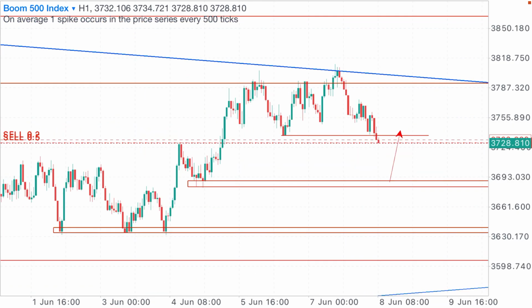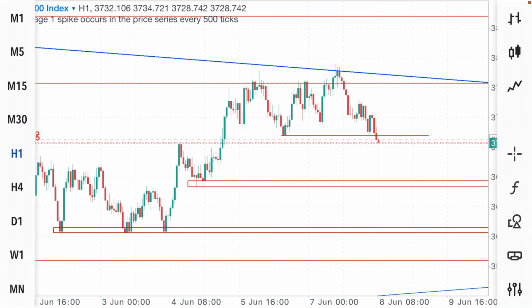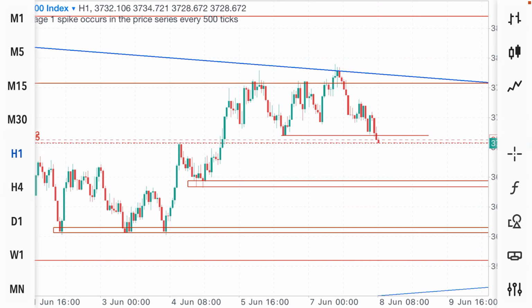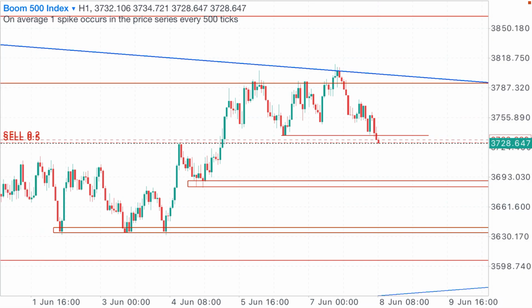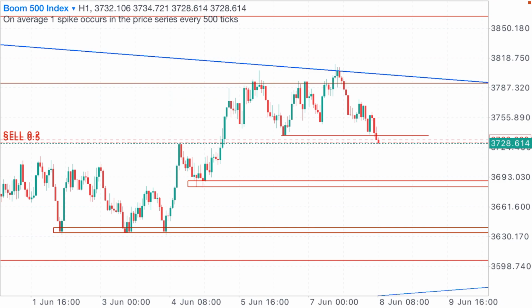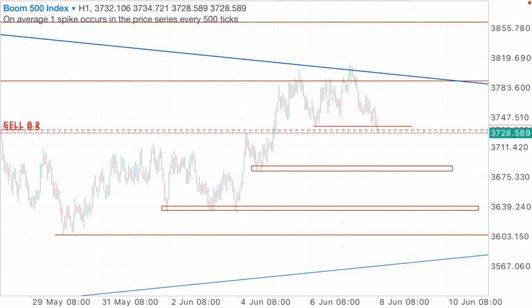So I'm looking at closing at this zone because of the lot size I'm using, because I'm risking 100% of the capital, and because I'm sure of my entry. That's why I take that 100% risk. You understand? So I don't have anything to worry about. That's to say, these are the zones we are looking at.